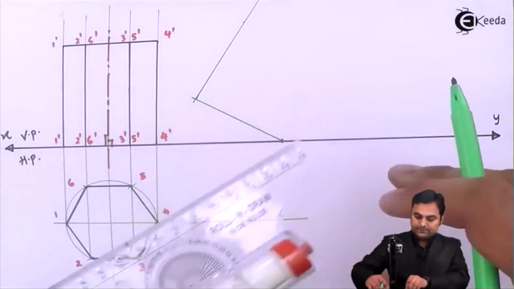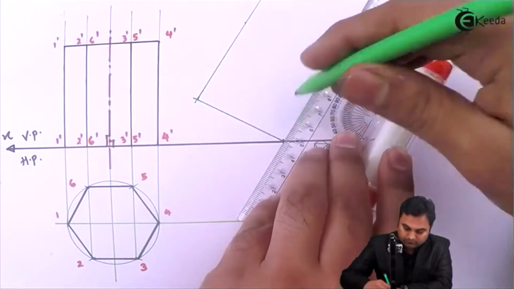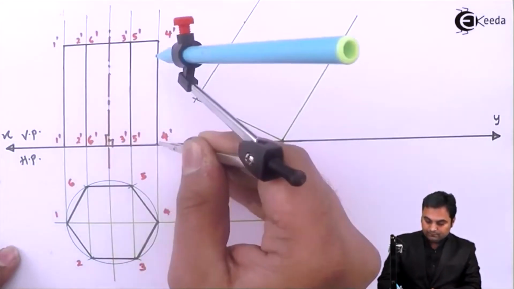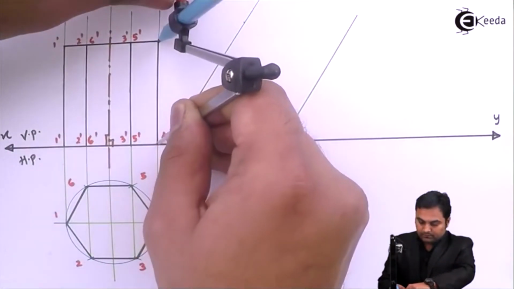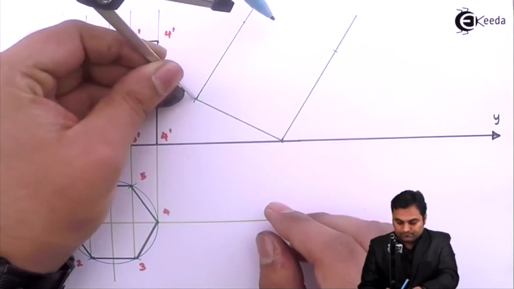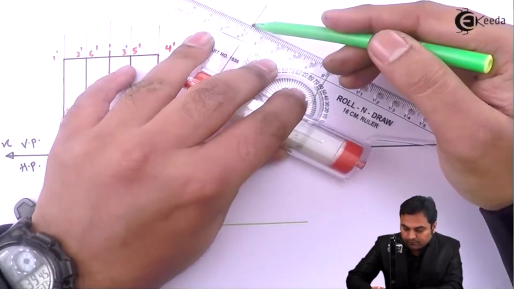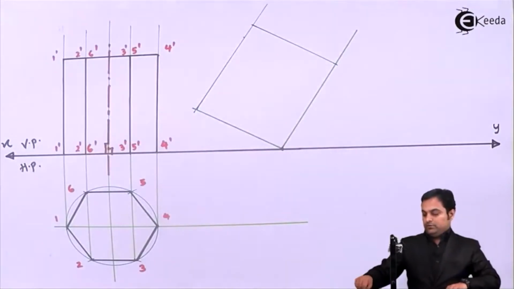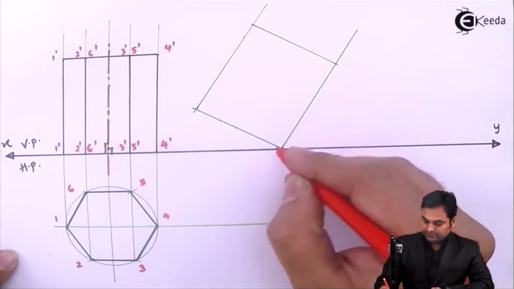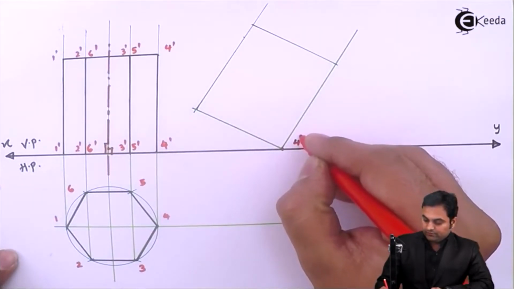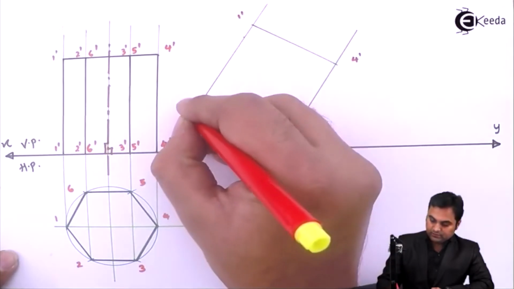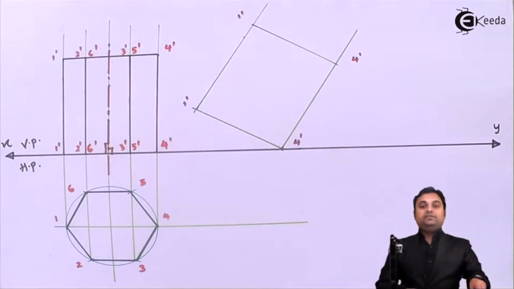Similarly, parallel to this. Then the height of the axis, that is the height of the prism. Joining with a light line. So here it is inclined, and this is edge 4 dash, 4 dash. This is 1 dash, 1 dash. Next, I'll mark the axis.